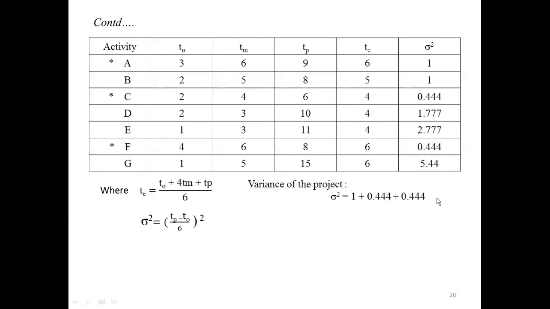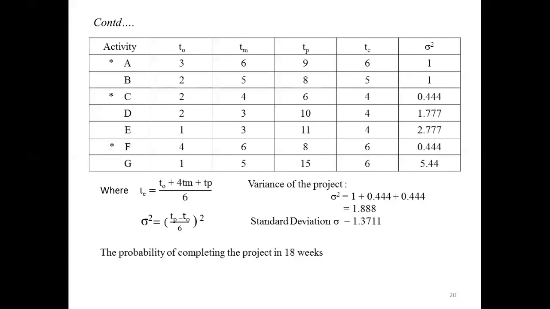Then if you calculate sigma, that is the standard deviation, you will get 1.3711. Then next, the probability of completing the project in 18 weeks. That is the question given. Then next you need to calculate the Z value.